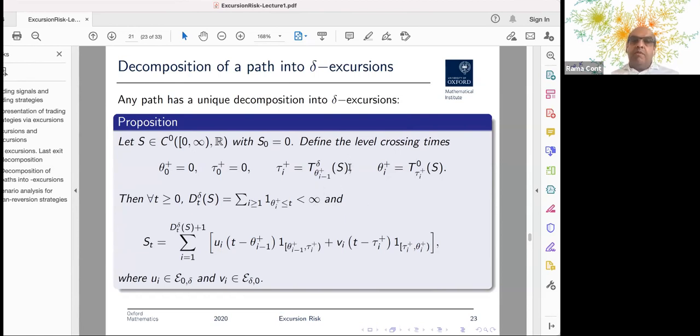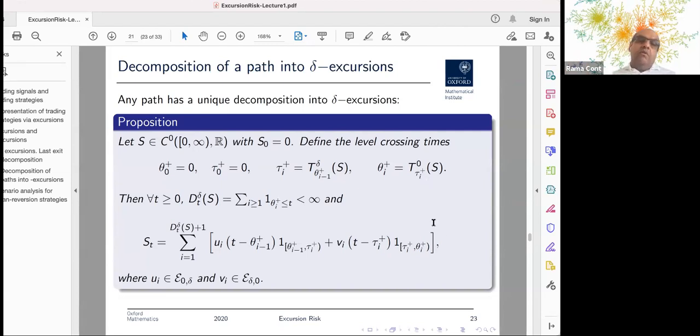And the decomposition is simply the following. I define these successive hitting times. So tau_i plus is the first time I reach delta after theta_{i-1}, and theta_i is the first time I reach 0 after tau_i, and so on. So I just go from 0 to delta, delta to 0, and every time I call these hitting times tau_i, theta_i, and so on.